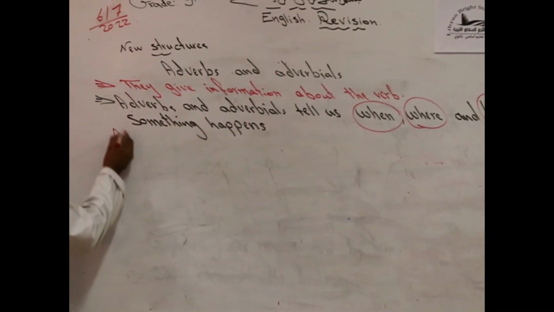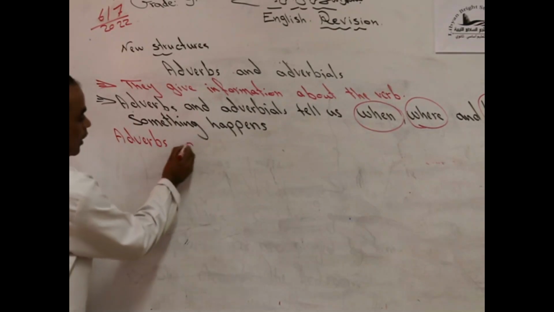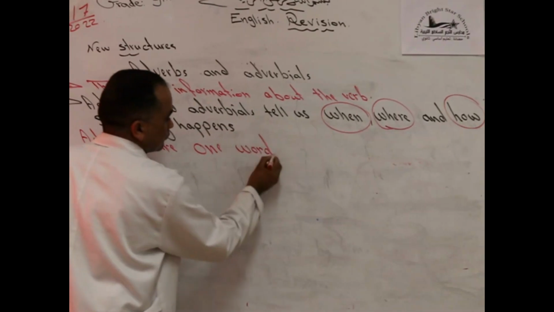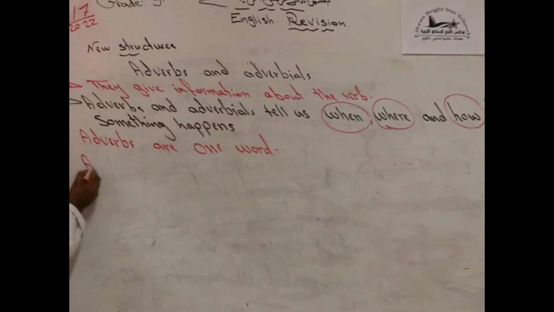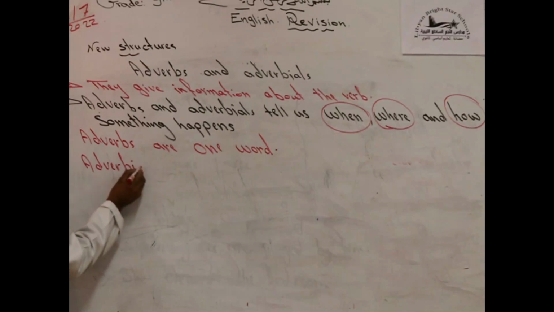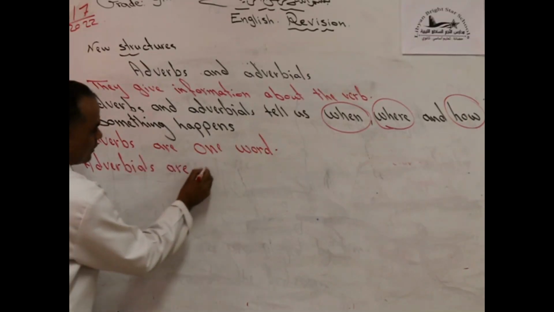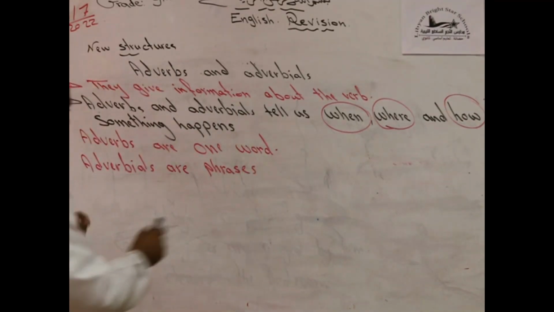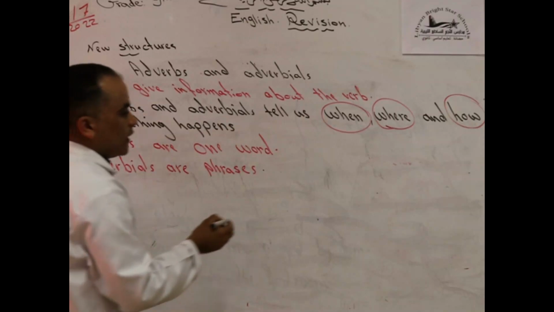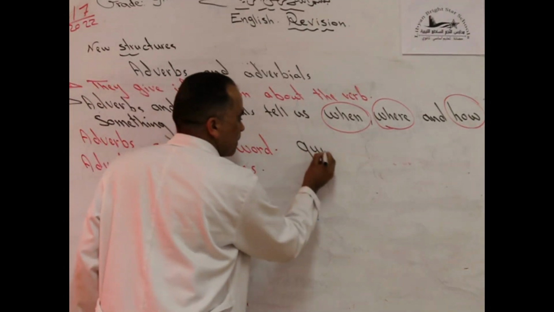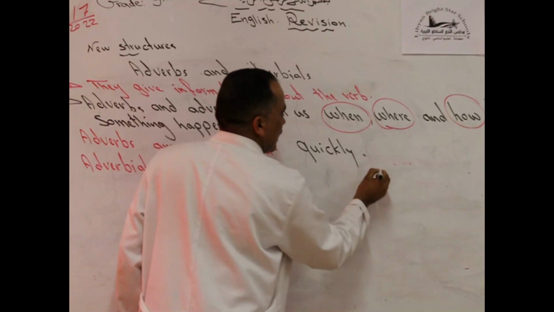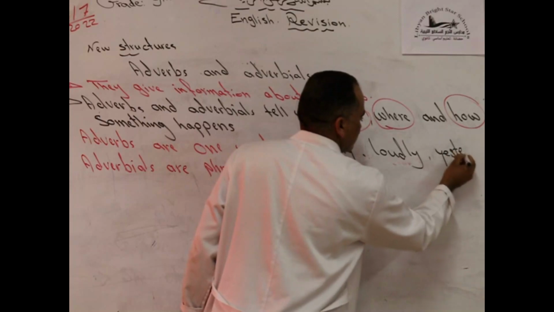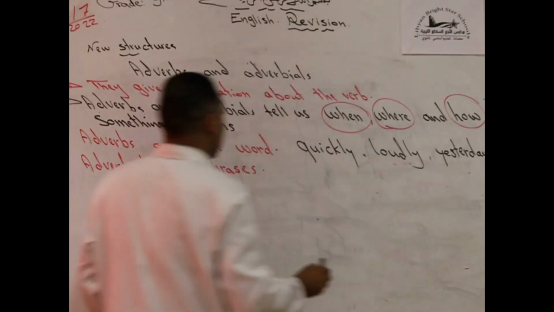Adverbs are one word. Adverbials are phrases. يعني عبارات. For example, adverbs are one word, for example, quickly, loudly, yesterday, and so on.